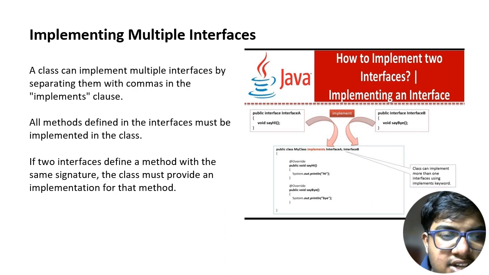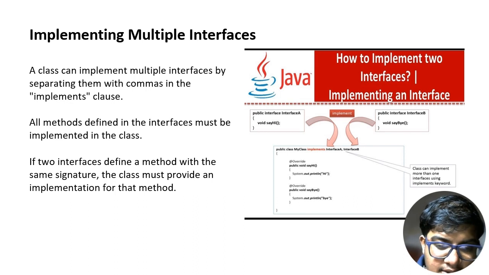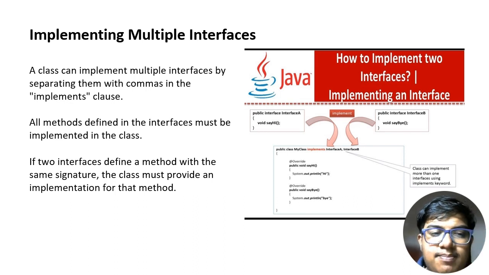So basically, if two interfaces define the same method, the class must provide an implementation for that method. Here you can see in the picture some more examples of the syntax and how it is used. So let's move on.